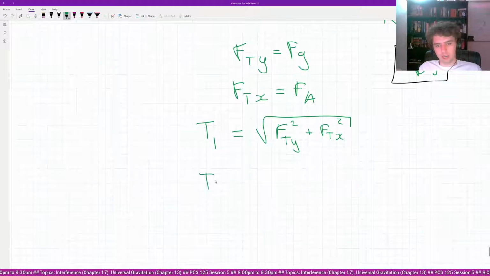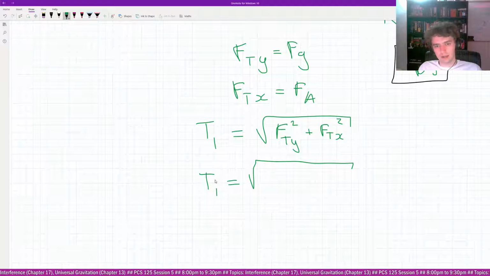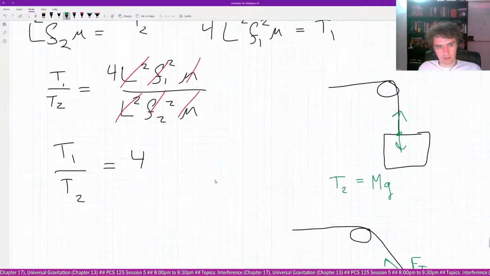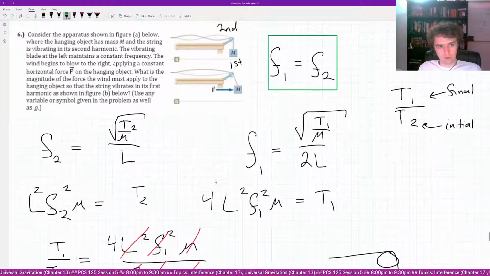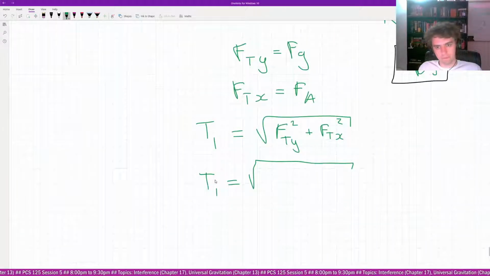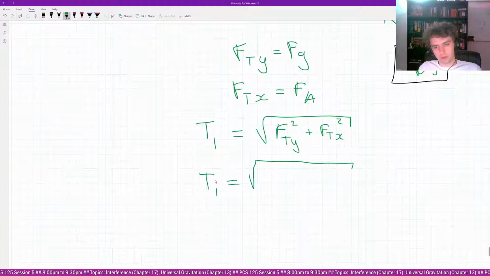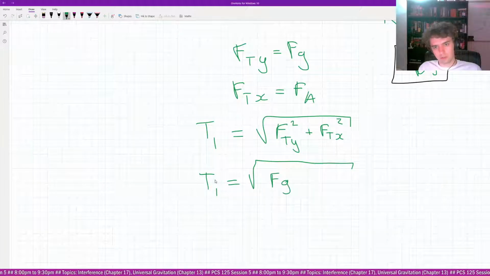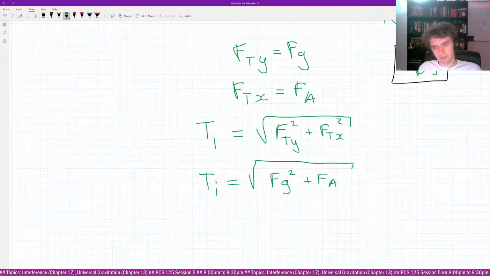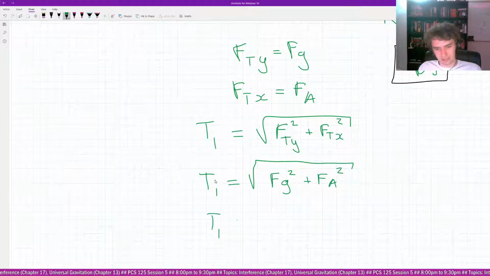So then I have to change this to the square root of force of gravity squared plus the applied force squared. Use any variable symbol given in the problem as well. Okay, doing another step here.